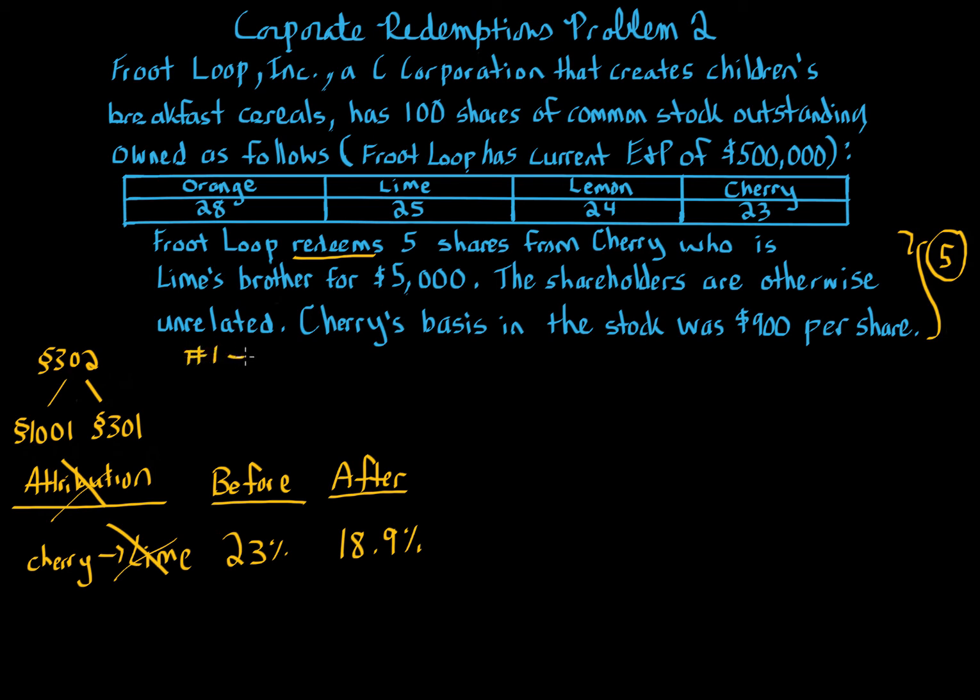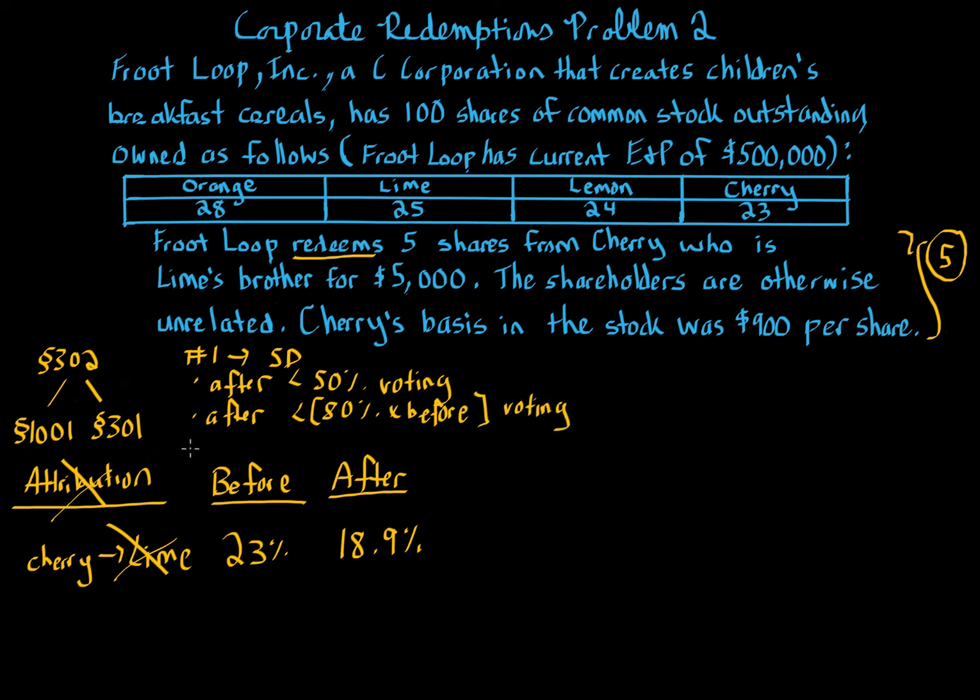Test 1, which is the substantially disproportionate test. Remember, there's 3 elements there. The first element is that the after percentage is less than 50%, and that's for voting. We also have to meet that the after percentage is less than 80% times the before percentage, and that's also for voting.